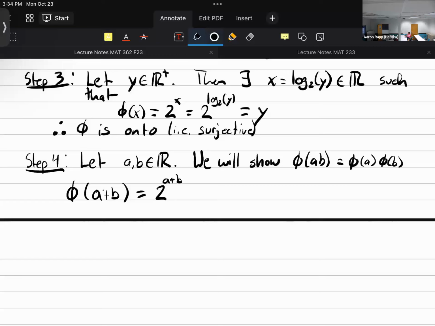Yeah. Normally we go back to our algebra and say, okay, the bases are the same, I'm multiplying them together, I add the exponents. But I can also break that apart. If I'm adding the exponents together, I can separate this. That's 2 to the a times 2 to the b. And 2 to the a is just the outcome from taking the element a and mapping it through by phi.